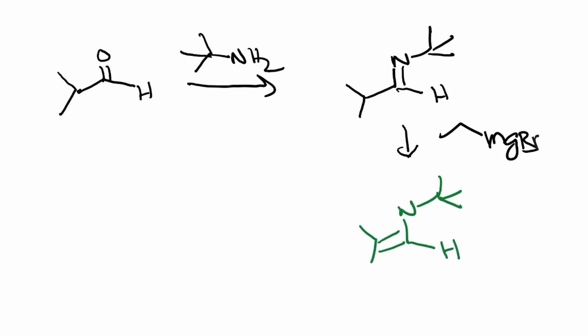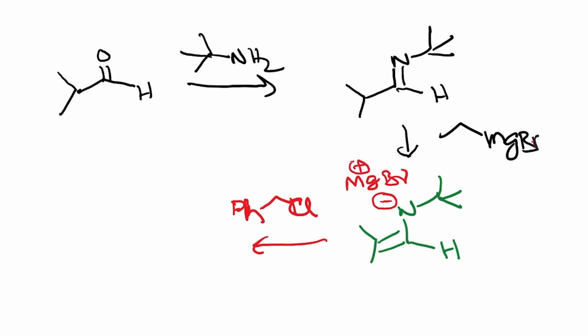And now you can react this with an electrophile such as benzyl chloride, and then you have MgBr, and plus you could also have a covalent bond over here, depending on the nature of that intermediate in solution.